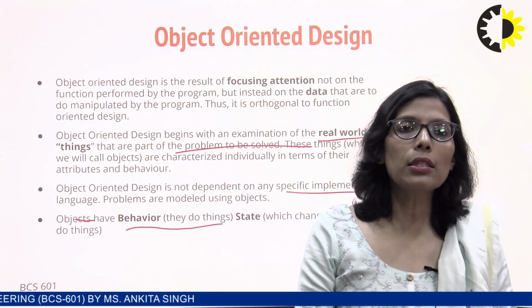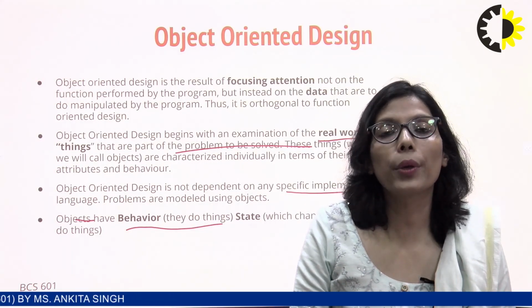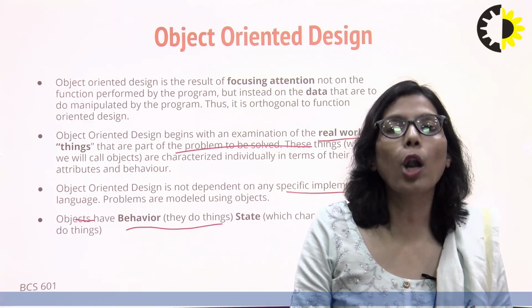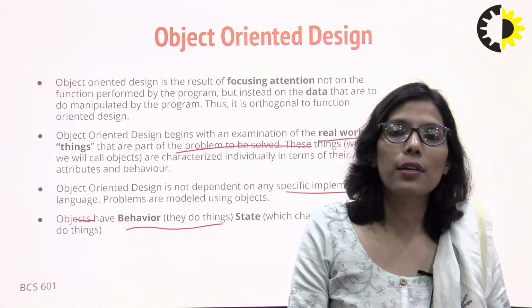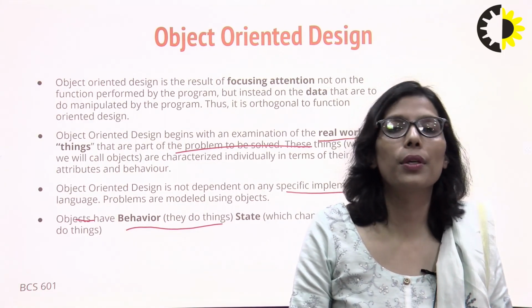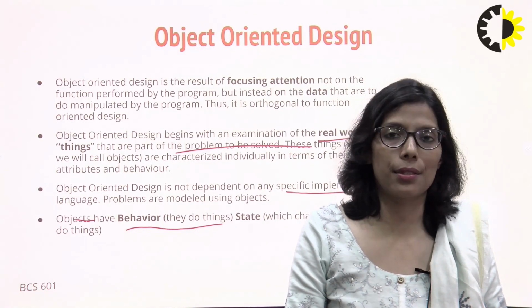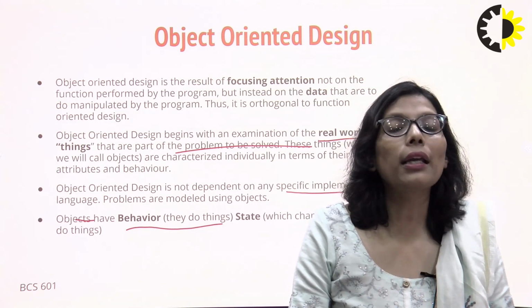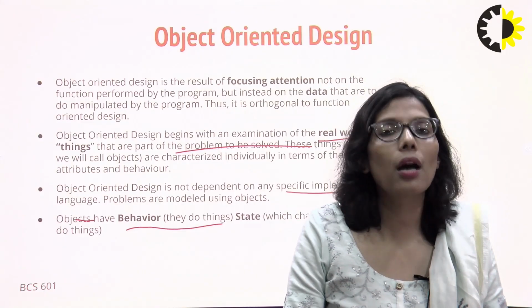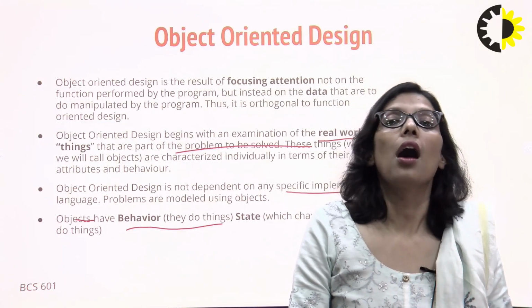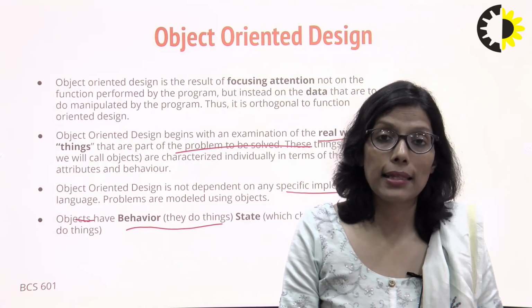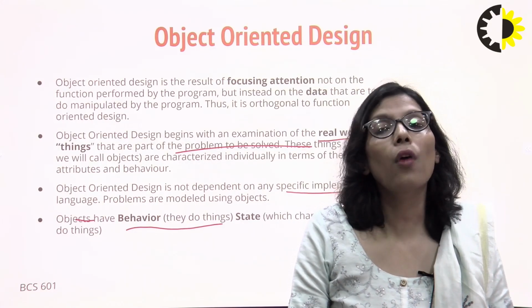So, this all forms a part of your object-oriented design. In object-oriented design, we are following a bottom-up approach, where we are first identifying those modules which are being used by multiple other systems. Now, in your object-oriented design, we are making class diagrams, interaction diagrams, state chart diagrams, and activity diagrams. So, all these diagrams are used to design the system, and it forms a type of object-oriented design.